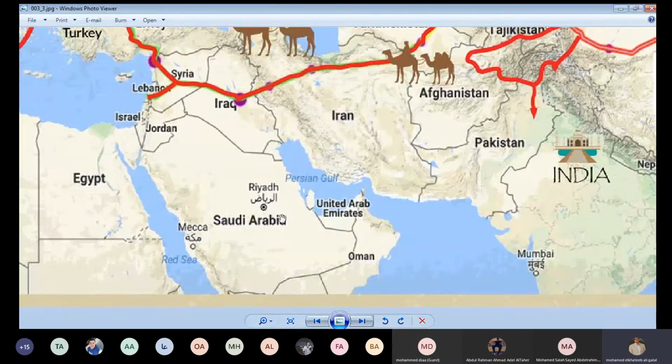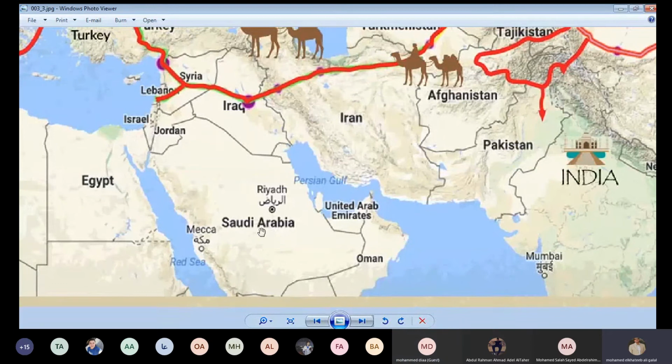They must pass through Saudi land in order to ride a ship from this point over to Egypt. There are some fees that must be paid to the Saudi government in order to pass through Saudi territory. For example, I think the fees can be 2,000 Saudi riyals, and they have a time limit of maximum 4 days.